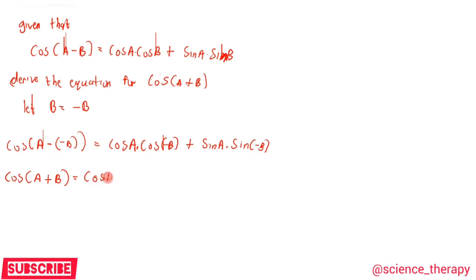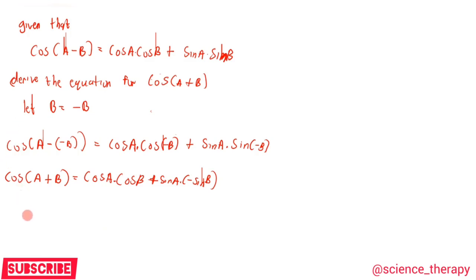Now I have cos A, but remember, cos of a negative angle is positive. So we have positive cos B, right? Then on this side we have plus sine A, but sine of a negative angle gives us negative sine B, because sine of a negative angle is always negative, right?